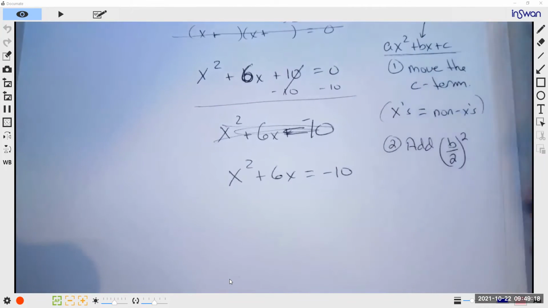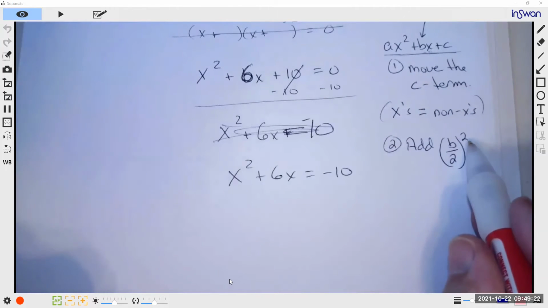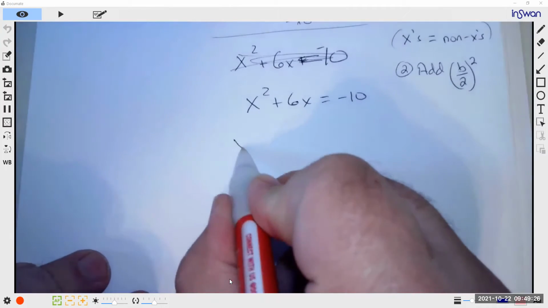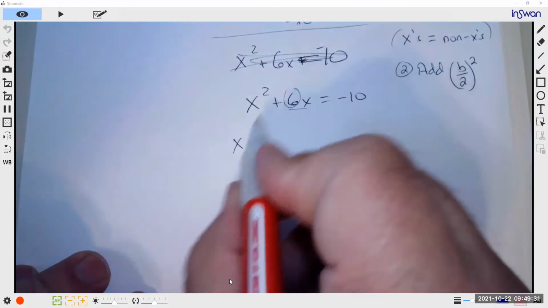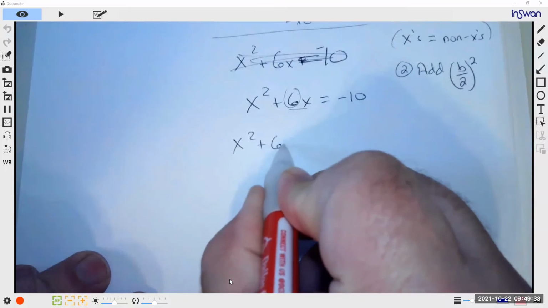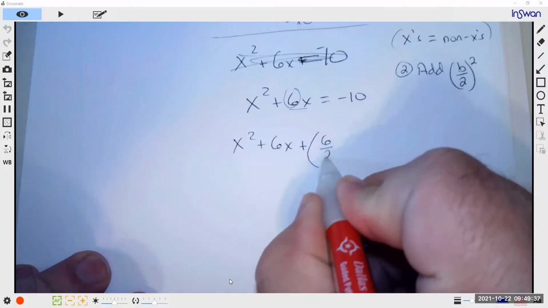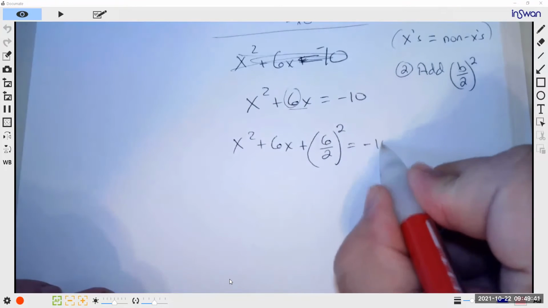The b is whatever's in front of the x. So I say b over 2 squared, and whatever's in front of the x is the 6. So I add 6 over 2 squared to both sides.